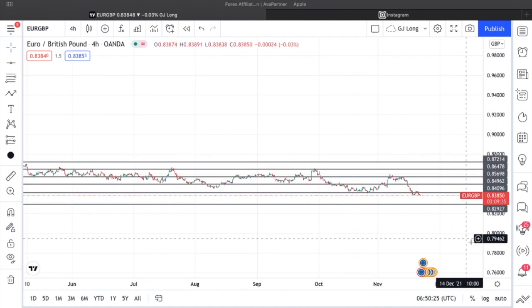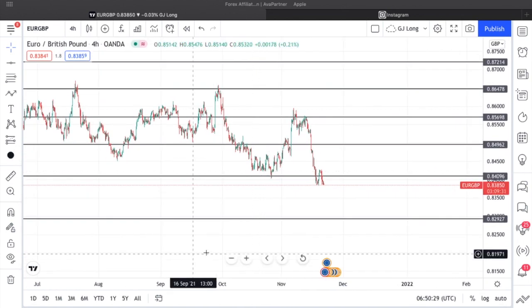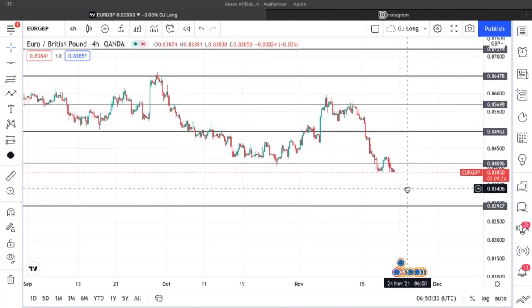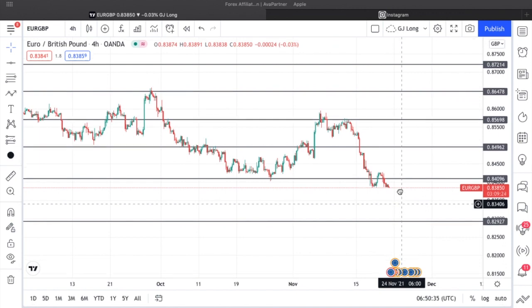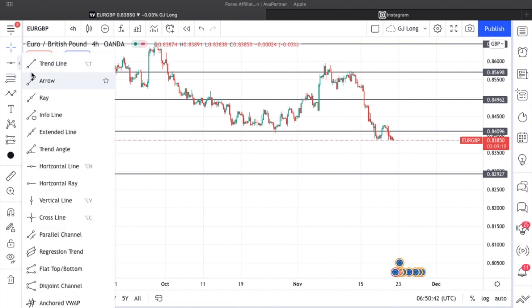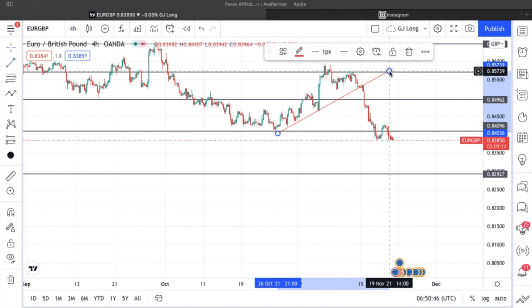And here, what I noticed is that there is a strong downside movement. There is a strong bearish movement, and as you can see, the previous support level has now been broken and has turned into the new resistance.